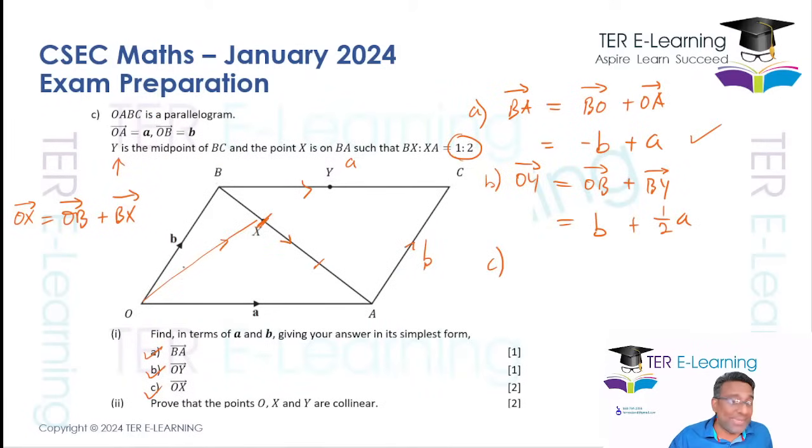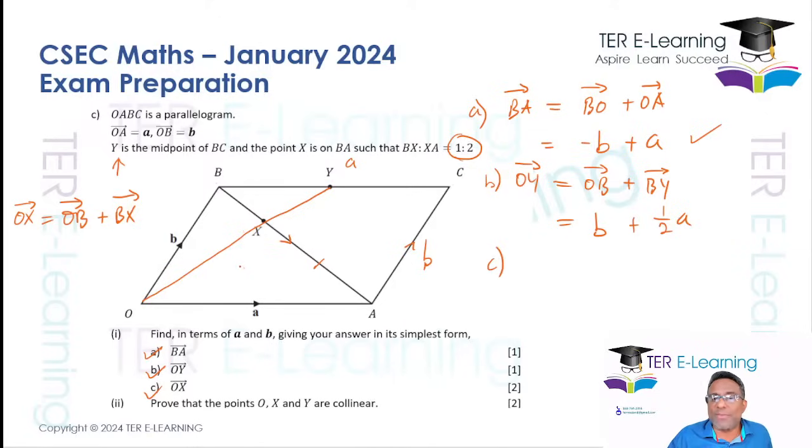And the final part, you want to prove that OX and Y are collinear. Students generally have issues with this. So what we're trying to prove is that this line that passes through OX and Y, they are collinear, meaning that they are on the same straight line.